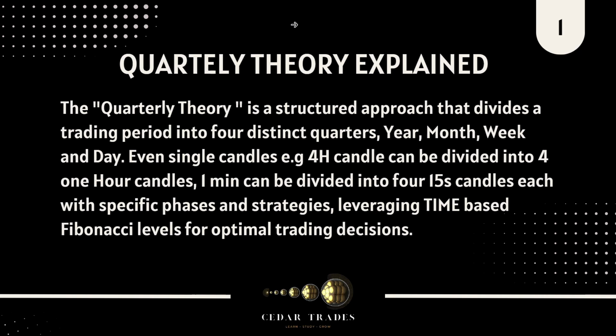Looking at the yearly cycle, we're gonna have 3 months making 1 quarter. January, February, March is our first quarter. April, May, June, that's our second quarter, so on and so on.